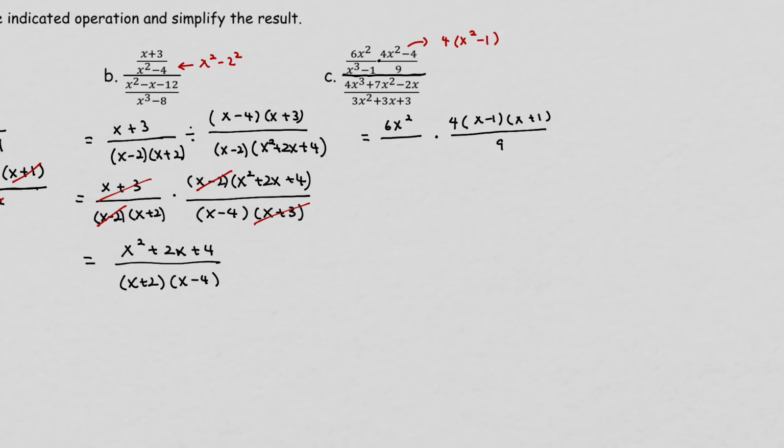This denominator, however, is a difference of cubes, because this 1, we can write it as 1 cubed. So when we factor that, that's going to be x minus 1 times x squared plus x plus 1.